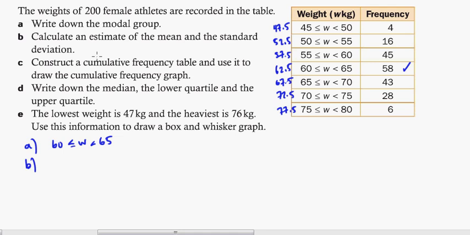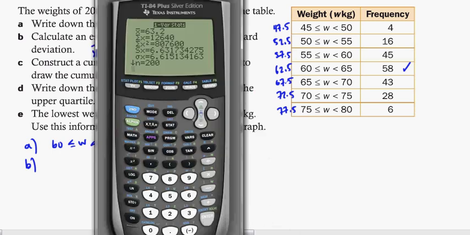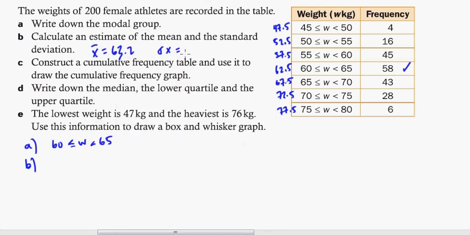So the mean equals 63.2, and the standard deviation of x equals 6.62. So we're good to go. That's all calculator work, so you just kind of have to know how to use your calculator there.